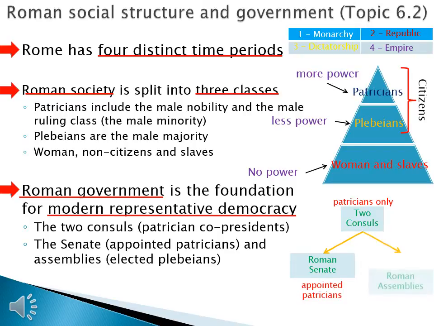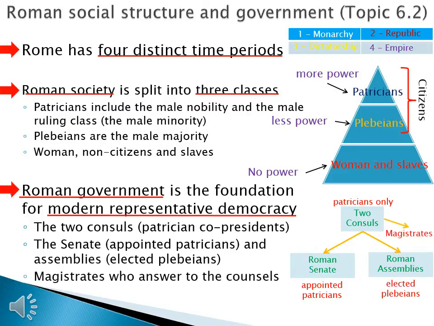And then we have the assembly. Those are elected plebeians who make the laws. Finally, we have magistrates who answer to the consuls. And eventually, we'll have something called the Council of Orders, where we are no longer just appointing patricians to the Senate. Eventually, both patricians and plebeians will serve in the Senate. Go to the next slide.